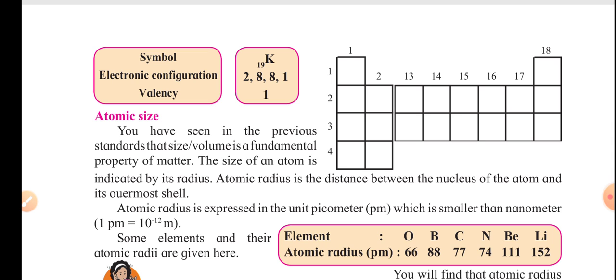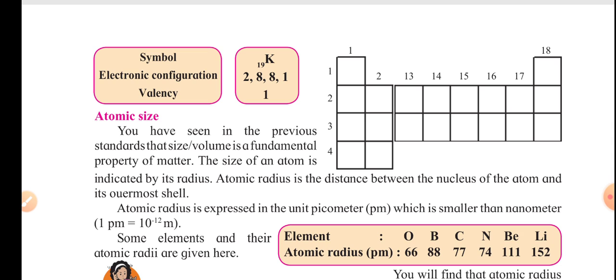Larger the radius, larger will be the size of an atom. In a particular period, if we go from left to right, only electrons get added in the particular shell, not new shells.